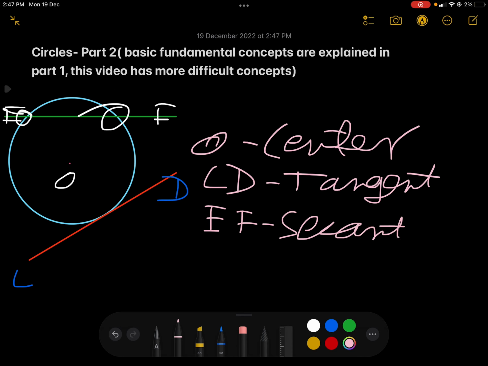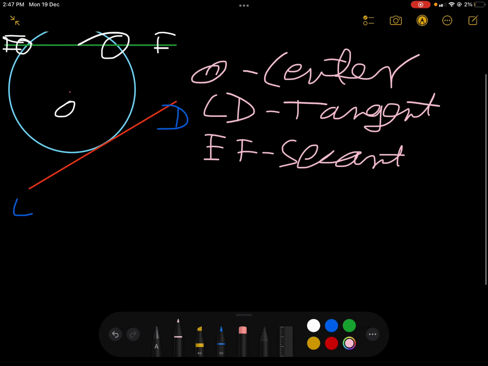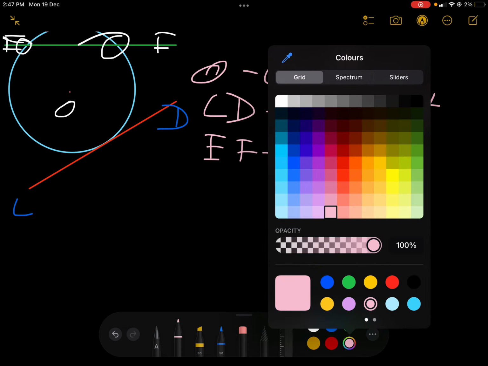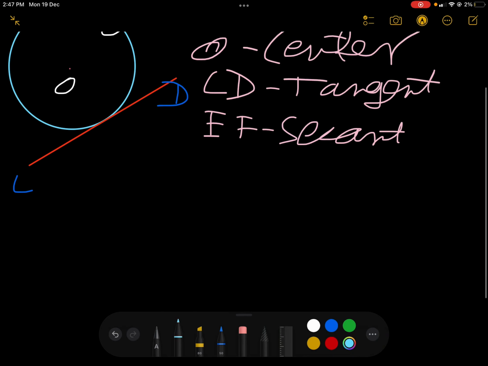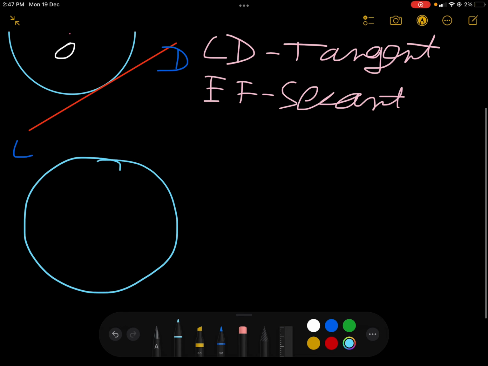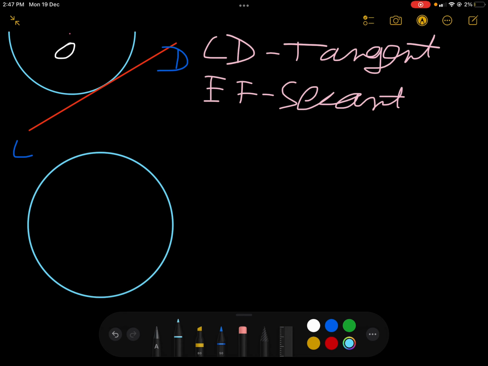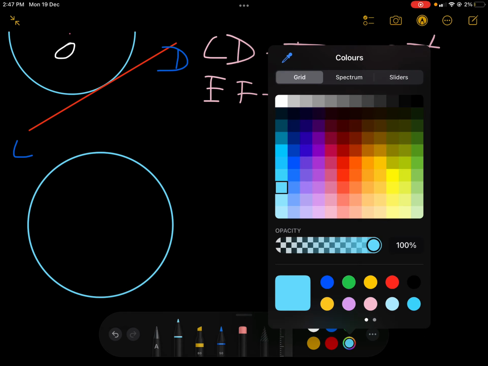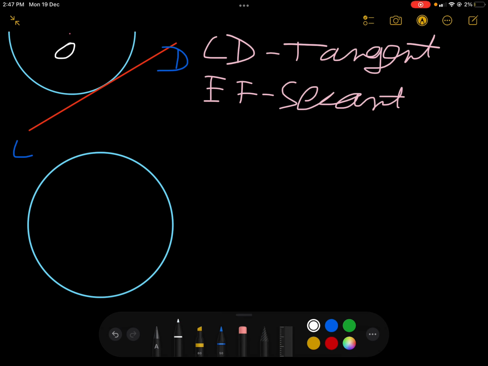Alright guys, so now let's understand one more thing here. I'll draw another circle to prevent any hodgepodge from occurring in this diagram. Let's say this is it. So what I'll do is I'll mark a certain part of this circle, let's say in white color.